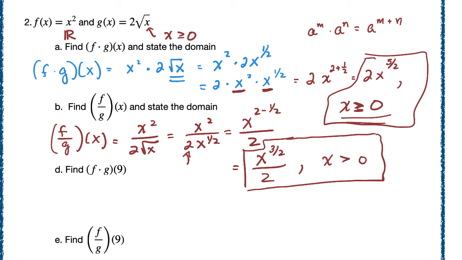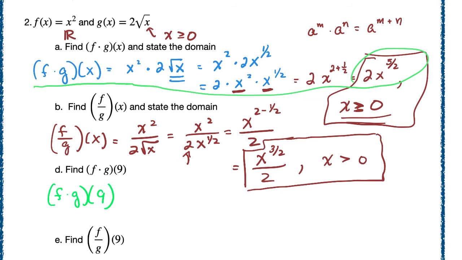Now finally we can find f times g of 9. And make sure we use the right function for f times g of 9. We got to come up here, and where's it at? There it is. It is 2 times x, now 9, to the 5 halves. So the 2 here means the square root of 9.